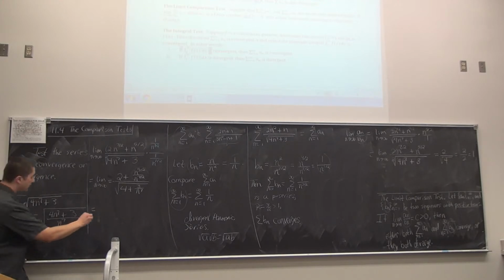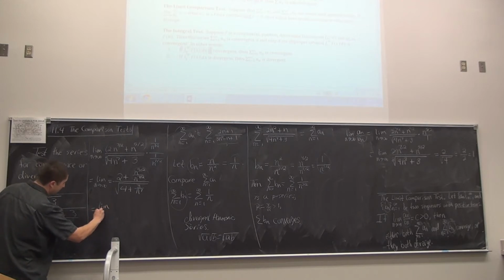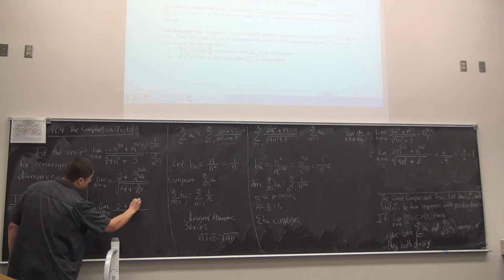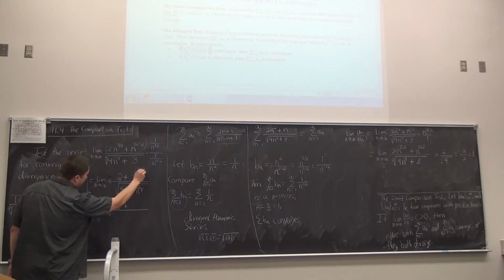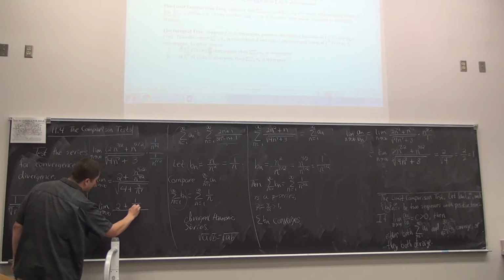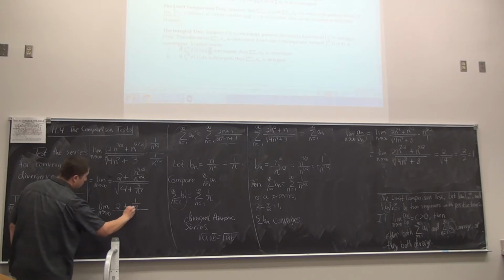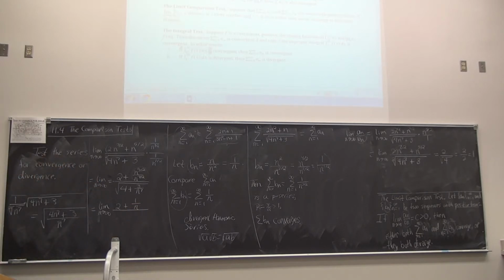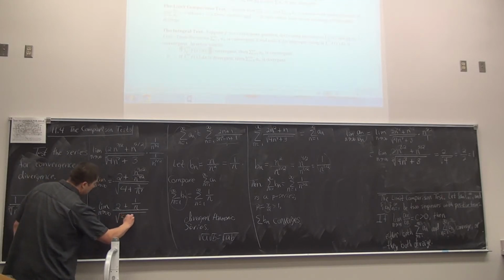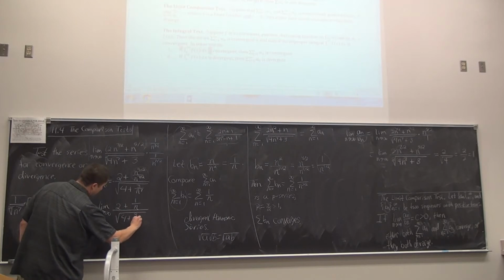So maybe write one extra step. We can say that this is the limit as n goes to infinity of 2 plus, we could divide power 5 halves of n into n power 7 halves to get n to the power of 2 halves, or just n in the denominator. So altogether, we're just dealing with the 1 over n. Down below, it's 4 plus 3 over n to the power 7.